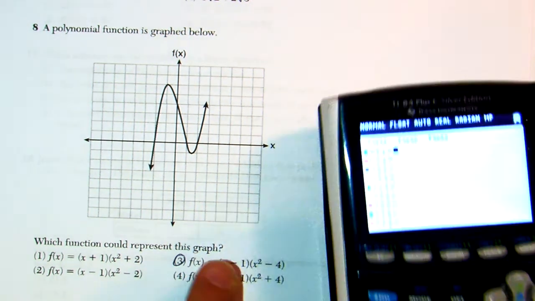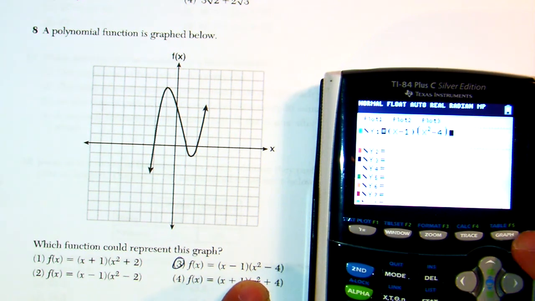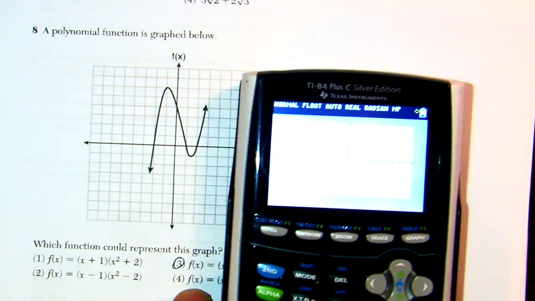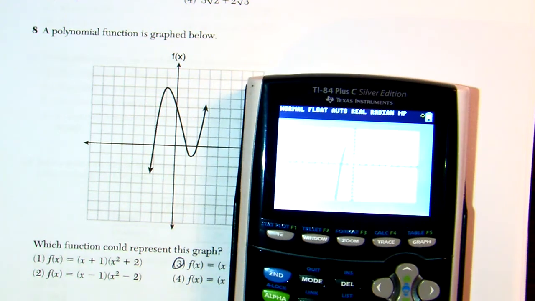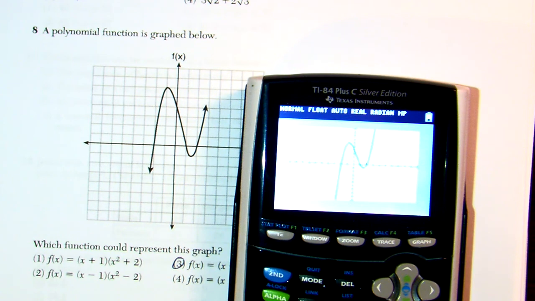And I'm going to prove that to you by plugging in the x minus 1 times the x squared minus 4. Hit the graph button. And let's see if it matches here. And it does. You see the swoop just before it hits coming back down. So those two match. That's why it's choice 3.